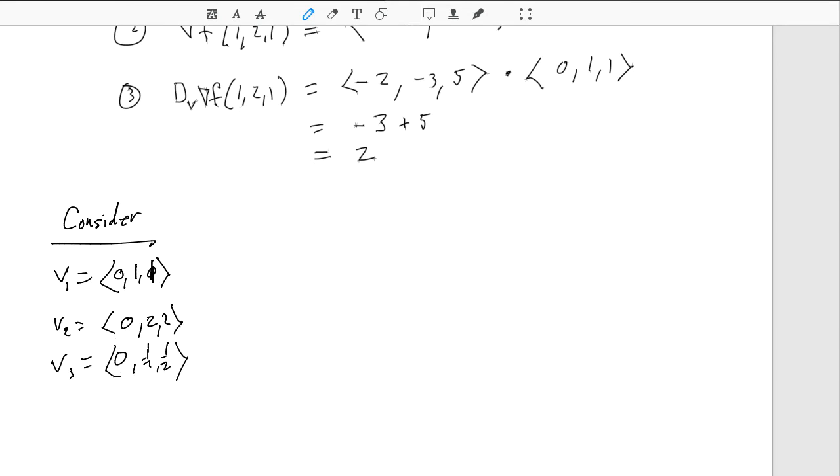All these vectors are actually in the same direction, but if you were going to dot that with this gradient vector, I hope you can see without me actually doing it that we would get a different number. Certainly the negative 3 times 2 would be a negative 6, and then the 5 times 2 would be a 10. I said I wasn't going to do it, but basically there's a 4. So notice that this vector is twice as long, and the change is going to be twice as great as well. It would make sense that if you travel twice as far, you're going to change twice as much. So that's basically what's going on there.